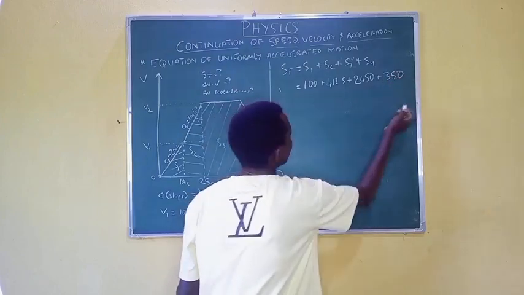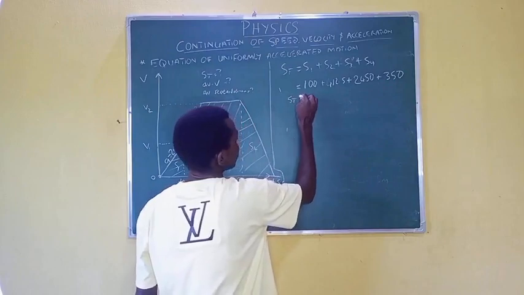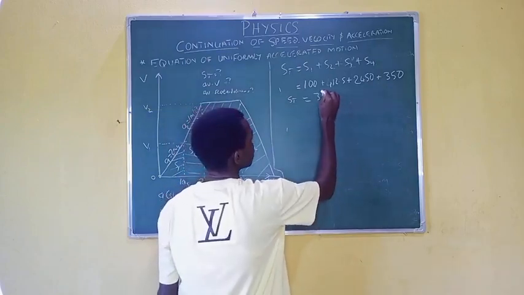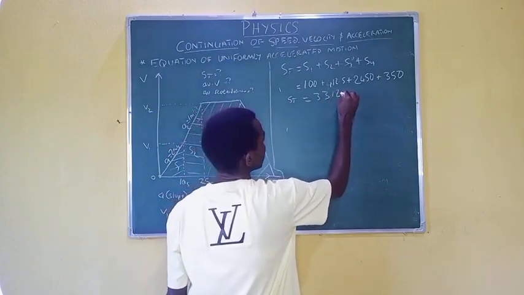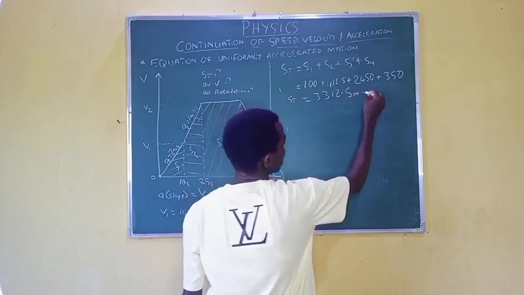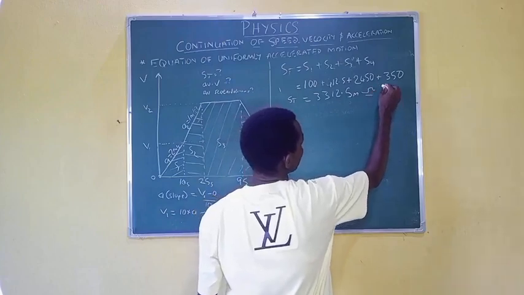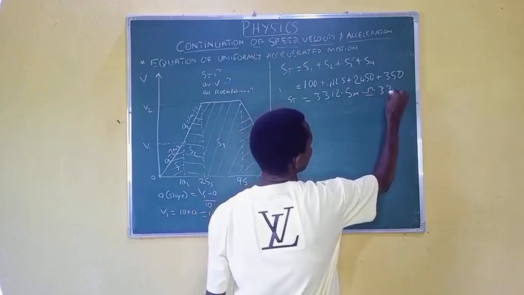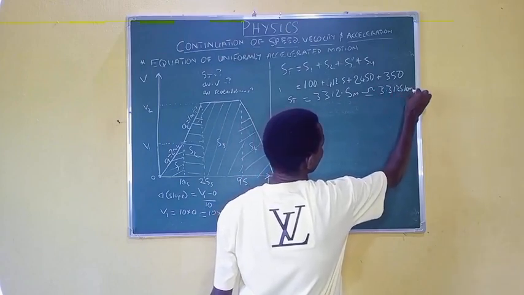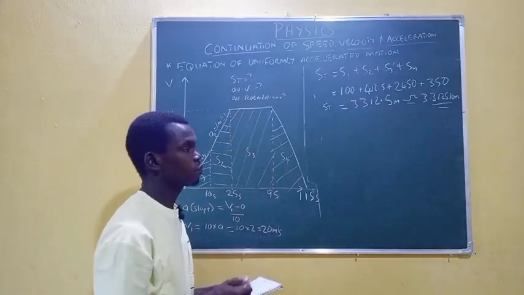When you add it together, S total will be 3312.5 meters, which is approximately 3.3125 kilometers.